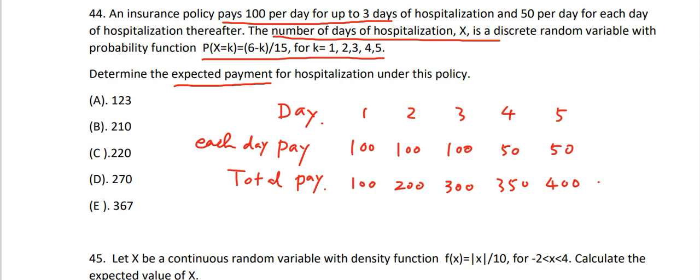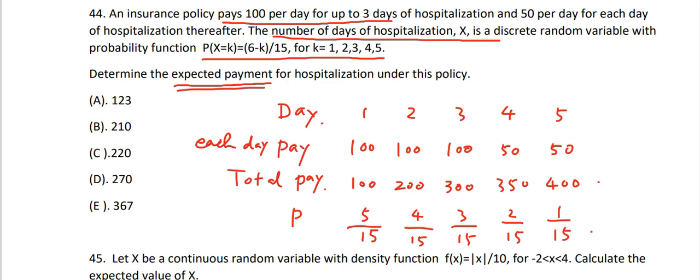Then the probability for this to happen is a probability P. So for this payment, staying there for 1 day, the probability is 5 over 15, then this is 4, so there's 3. Okay, so expected value is very easy, right? Just equal this times this.